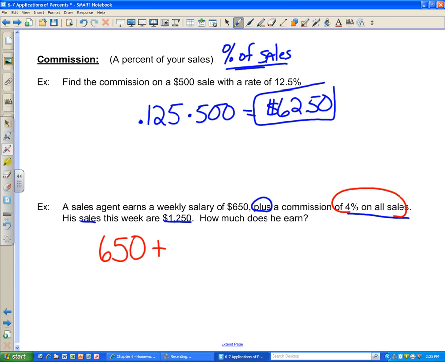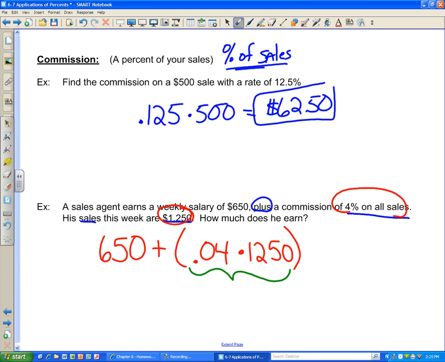Well, 4% of his sales this week, which are $1,250. So 4%, 0.04, of his sales. Notice I put it in parentheses. The reason I put it in parentheses is because this is what I have to do first. I have to figure out how much money he actually made if he made 4% on his sales.